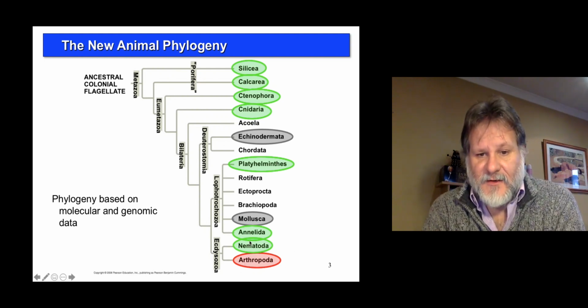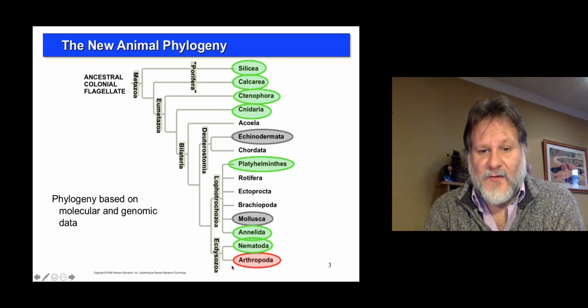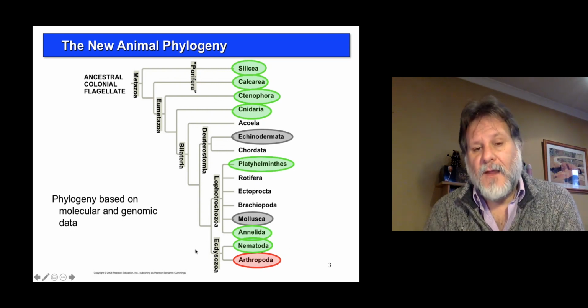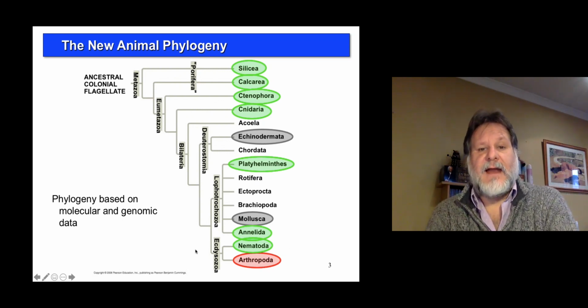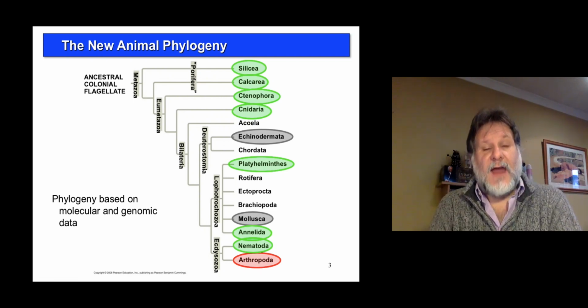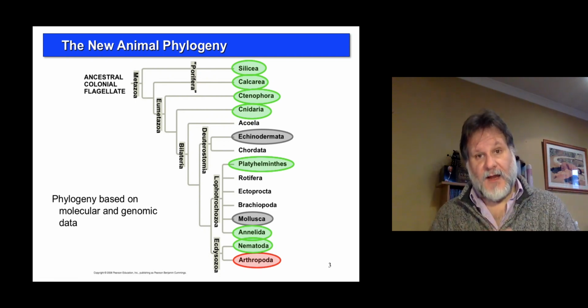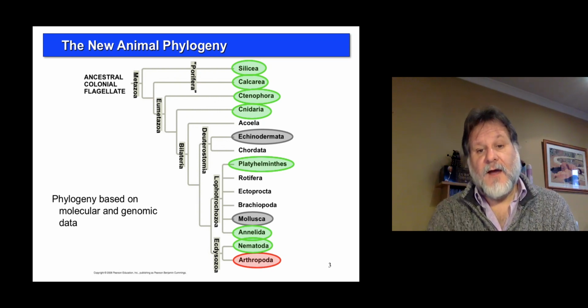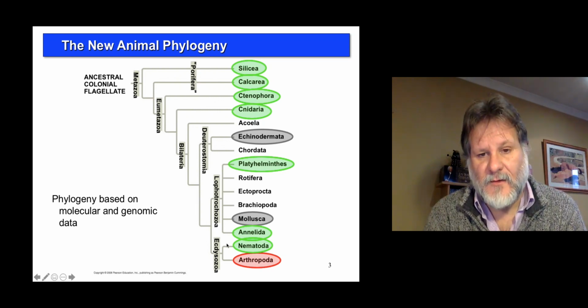Just to orient ourselves, these are arthropods down here. You can see they're members of the Ecdysozoa. And ecdysozoans are animals that have to shed their cuticle in order to grow. Now, the other group of ecdysozoans that we've looked at are the nematodes.